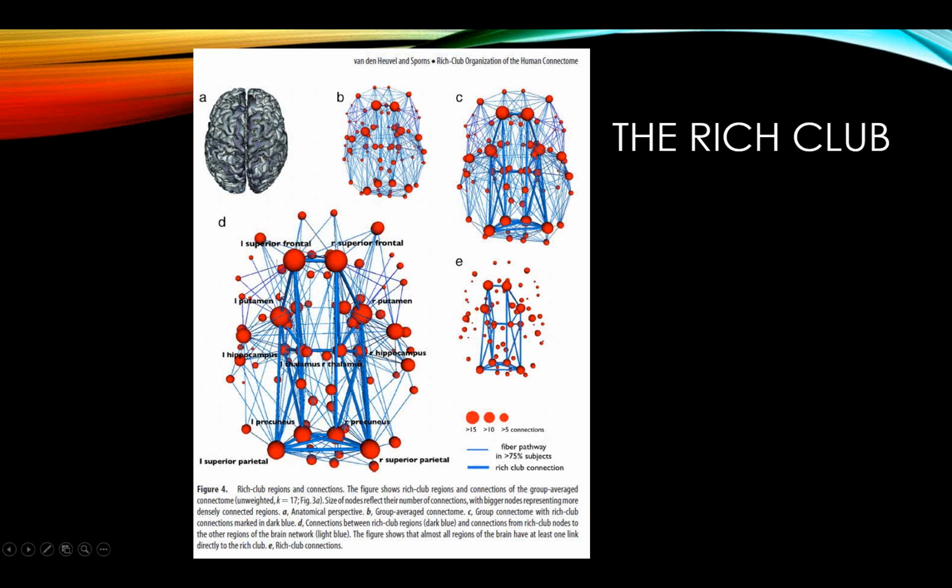If you look at this, you can see that the superior frontal lobes and the precuneus and the superior parietal are really, by the thickness of these connections, some of the most dominant hubs in the brain.